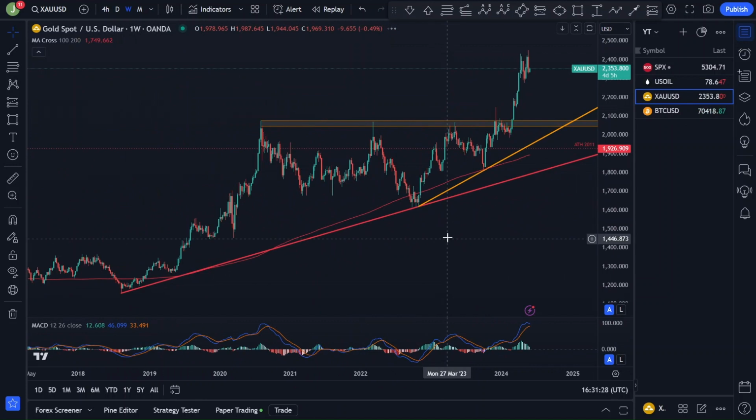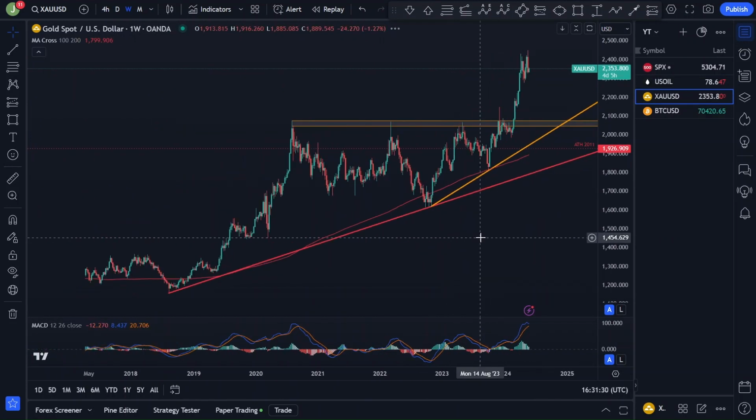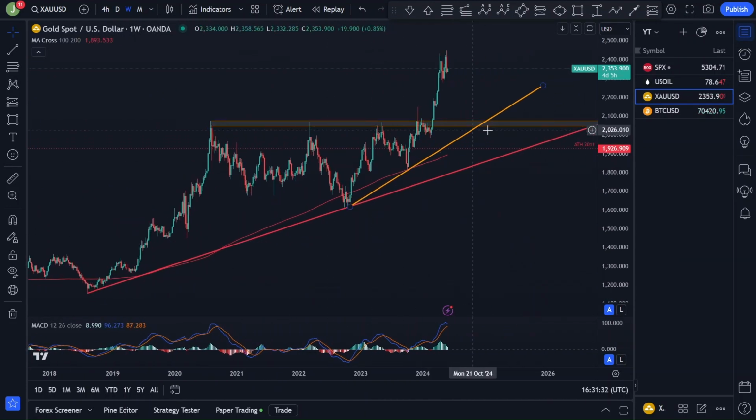Gold on the other hand, weekly, absolutely bullish. We broke this weekly support or resistance zone. Here price bounced a couple of times before finally being able to break out, and then we had this massive push to the upside.